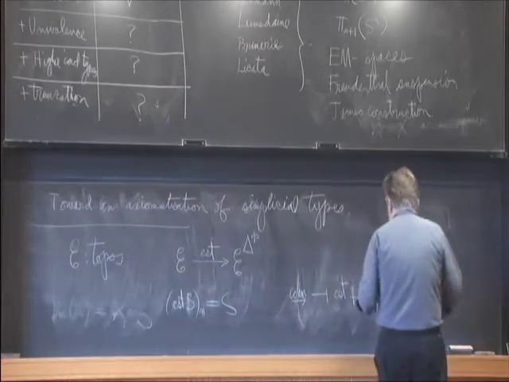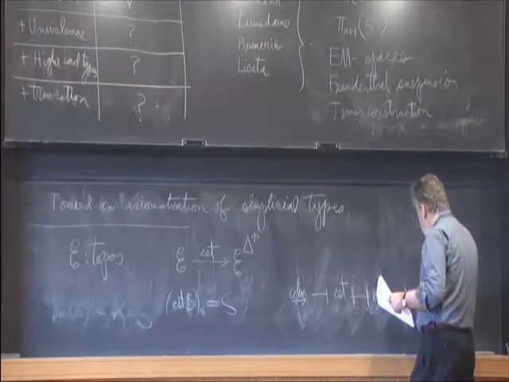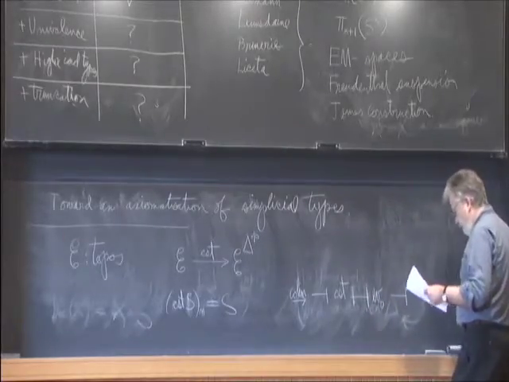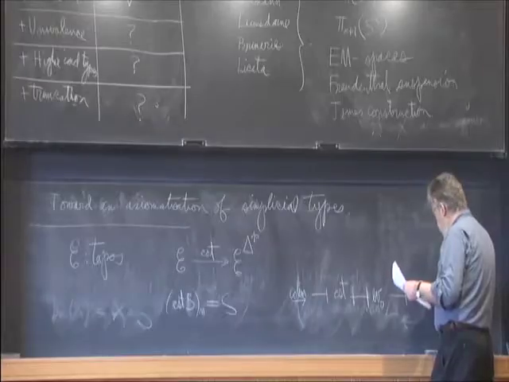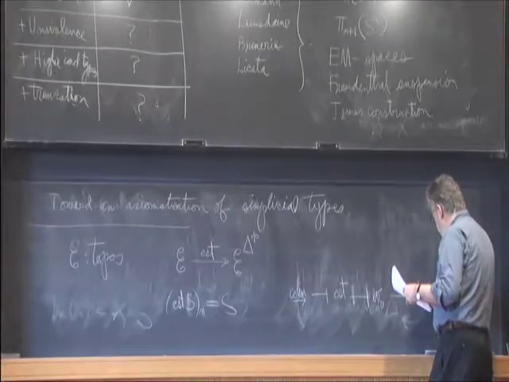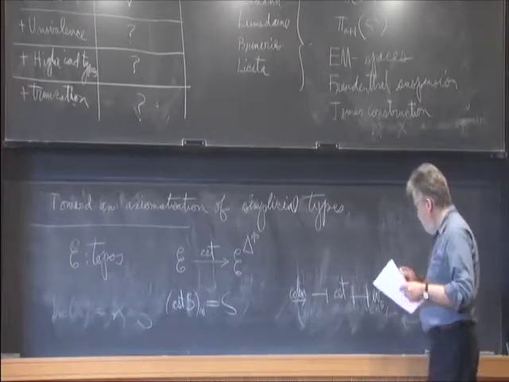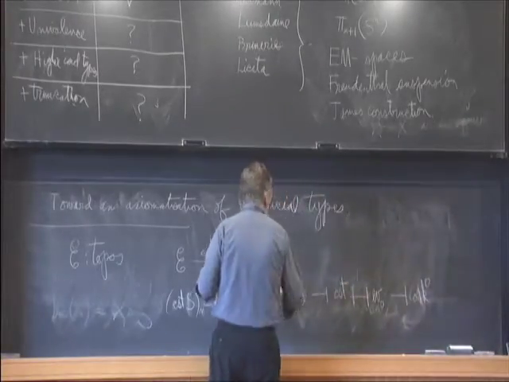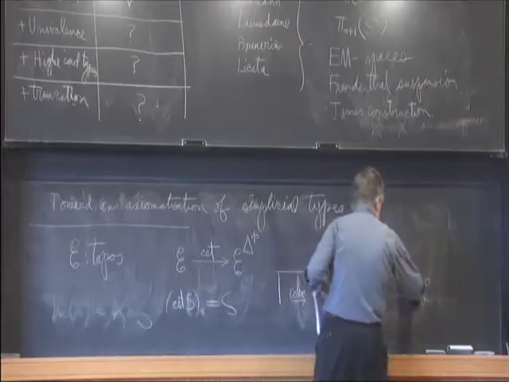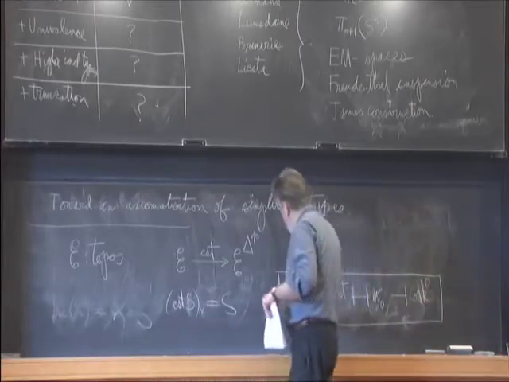And evaluation at 0 is the same thing as something called the coskeleton 0. This is left adjoint to coskeleton 0. So we have this sequence.